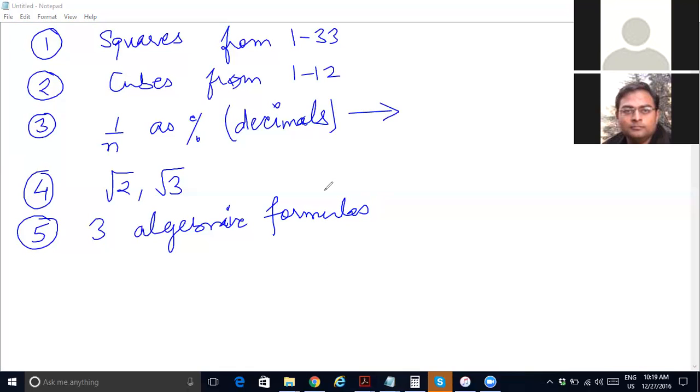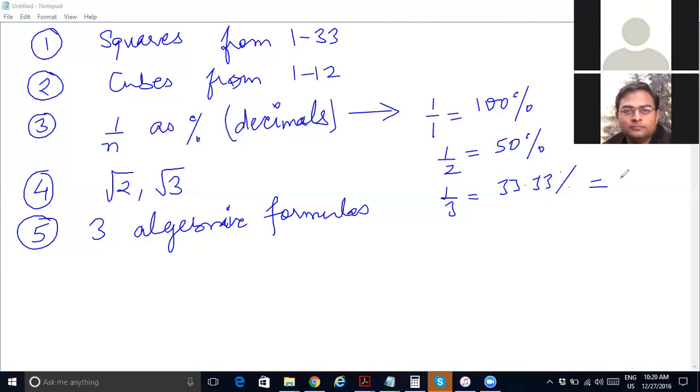So this 1 upon n as percent: 1 upon n means 1 upon 1 is 100%, 1 upon 2 is 50%, 1 upon 3 is 33.33%. In percentage terms it's 33.33, in decimal terms it is 0.33.